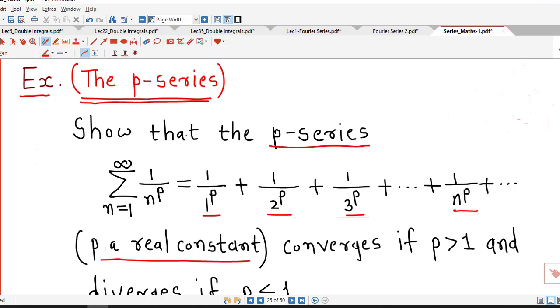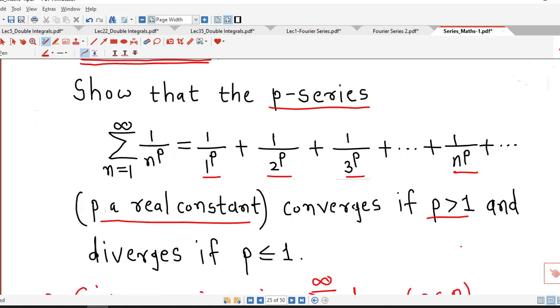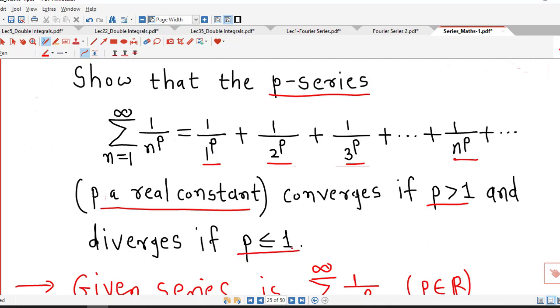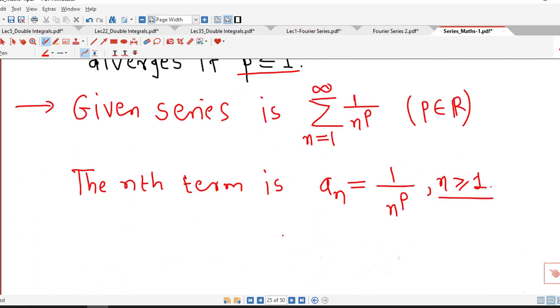We want to prove that this series converges if p is greater than 1 and diverges if p is less than or equal to 1. First we have written the given series, sigma 1 over n raised to p, n from 1 to infinity. The nth term of this series is 1 over n raised to p.